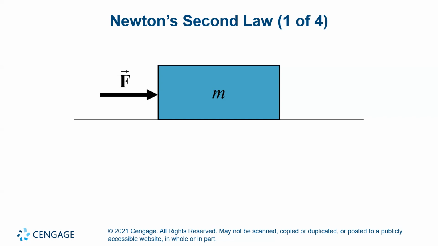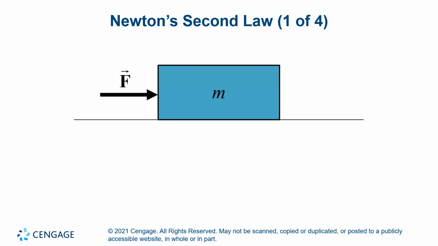Imagine pushing a block of mass m across a frictionless horizontal surface. The horizontal force on the block causes the block to move with an acceleration a. If you apply a force twice as great on the same block, the acceleration of the block doubles.